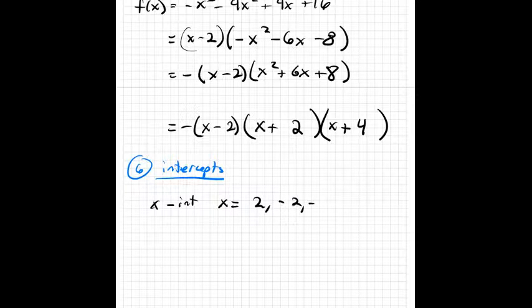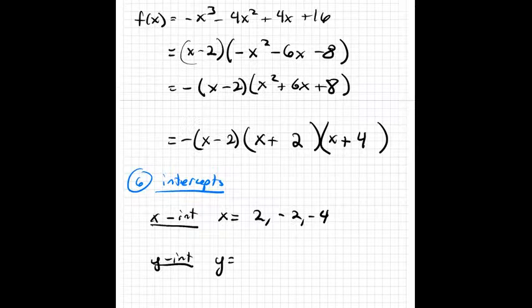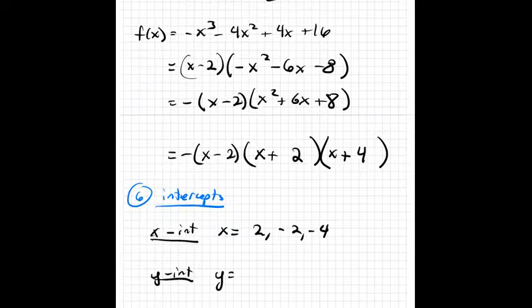If we can find the x-intercepts, we can also find the y-intercept. If we go back to the original and set x equal to 0, this goes to 0, this goes to 0, this goes to 0. The only thing that's left is the 16. So the y-intercept is going to be 16.